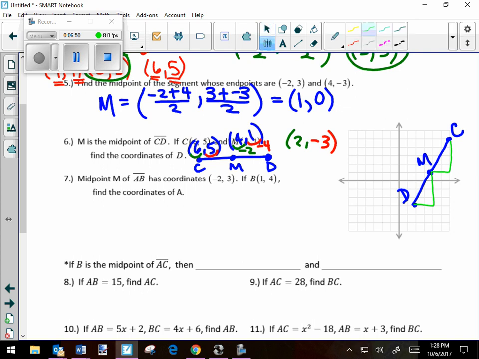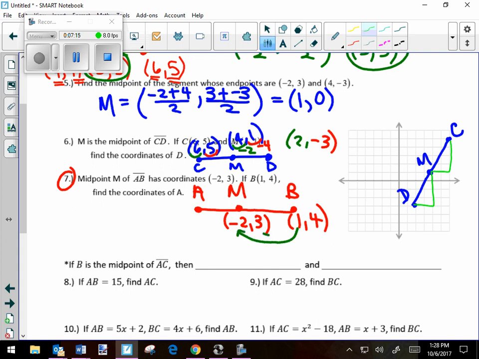Question 7, the second question, they're telling me that I have a segment that goes from A to B. Again, I have a midpoint that I know the coordinates of. It's (negative 2, 3). B is (1, 4). I want to look at what happened when I moved from the X to the X. So from here to here, it was minus 3.